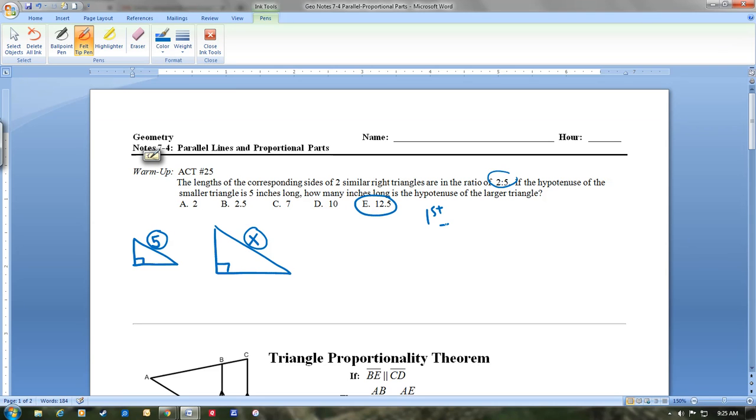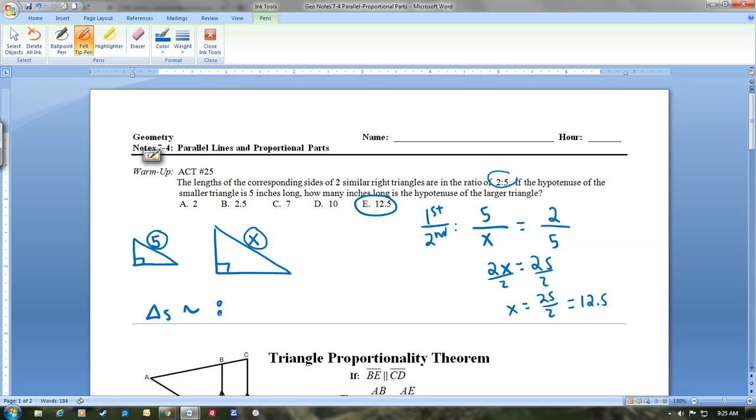So first triangle over second triangle: 5 over x, and it's in a ratio of 2 to 5. Cross multiply, and it's a really easy problem as long as you set up that proportion correctly, and that's where you get the 12.5.